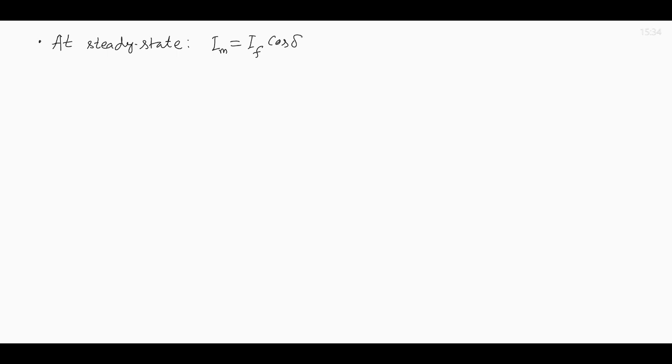Delta is the load angle or power angle, and the flux component of the stator current, or the reactive component of the stator current, is Im.